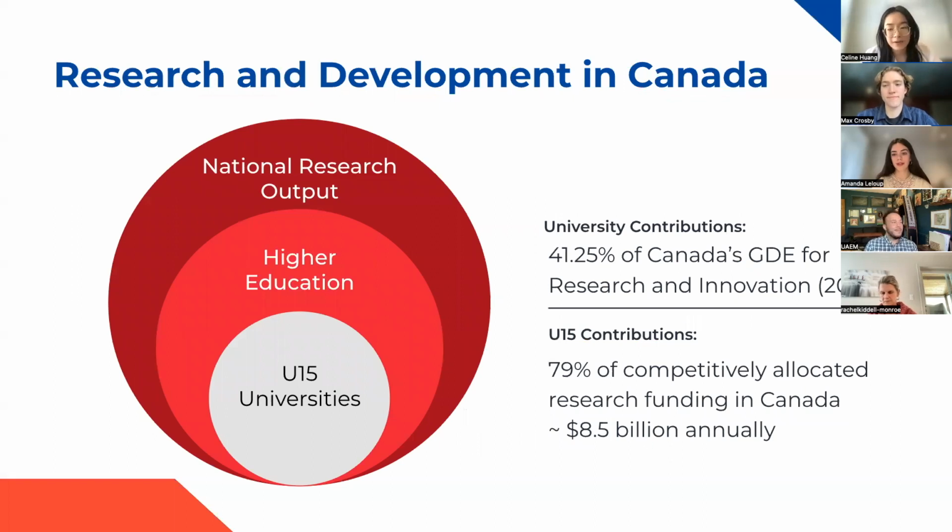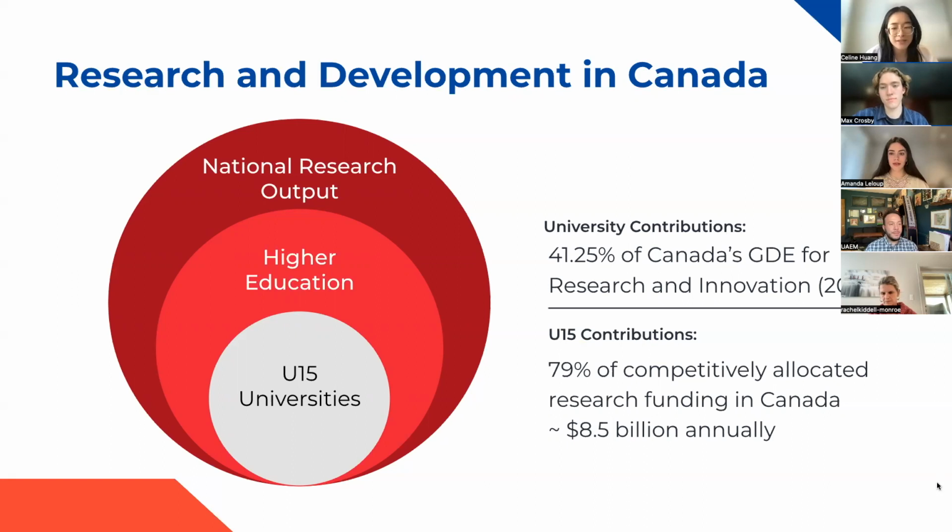So the Canadian report card focuses on university contributions to Canadian biomedical research. And this is for a few different reasons. One of which is that higher education leads Canada's national research and innovation system. In 2017, higher education was responsible for 41.25% of Canada's gross domestic expenditure for research and development, with natural sciences research accounting for over 75% of that figure.